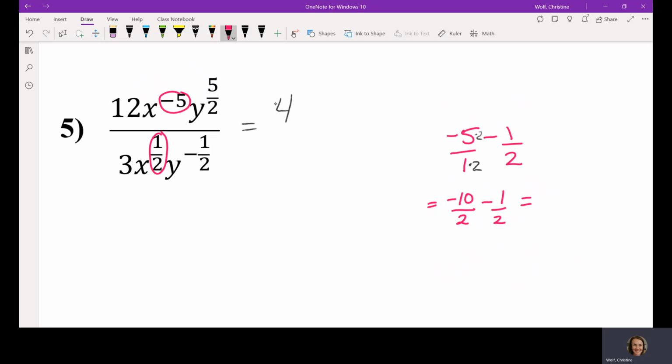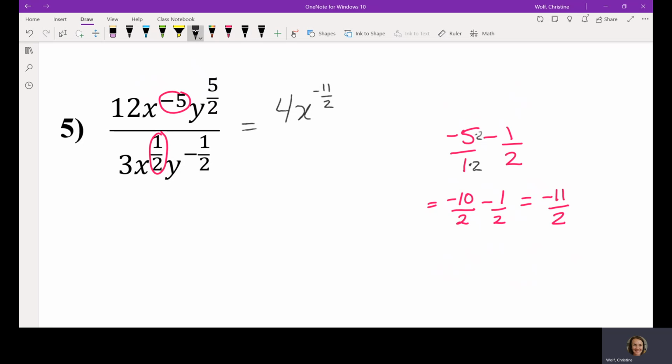What's negative 10 minus 1? Negative 11 over 2. You with me? Okay. So we did all of that so that my base can remain an x, but now has an exponent of negative 11 over 2.